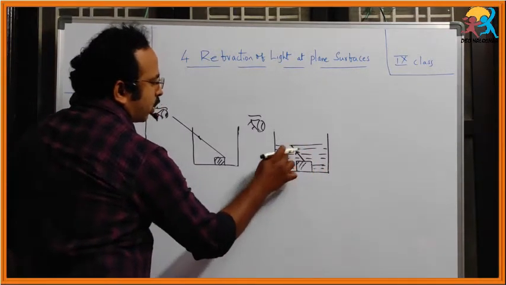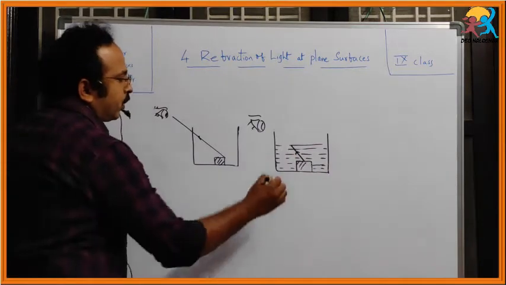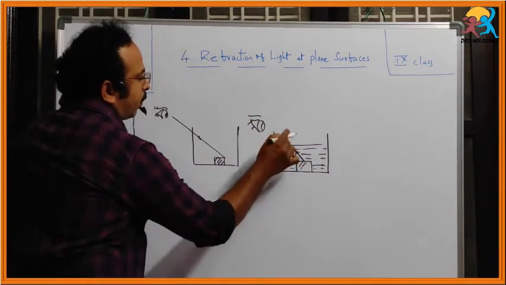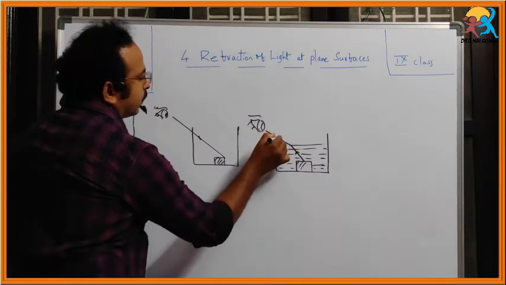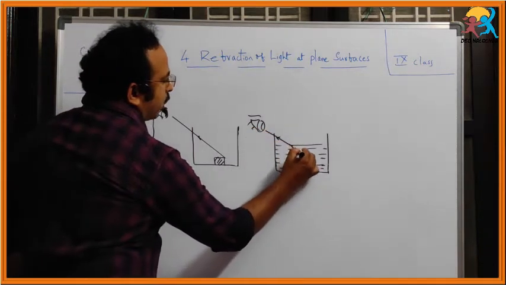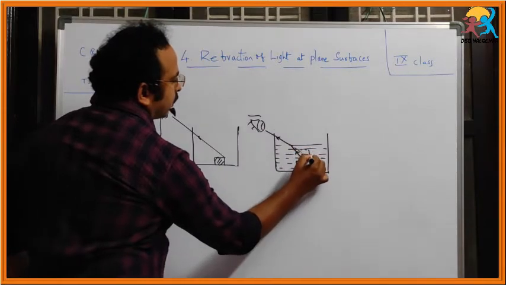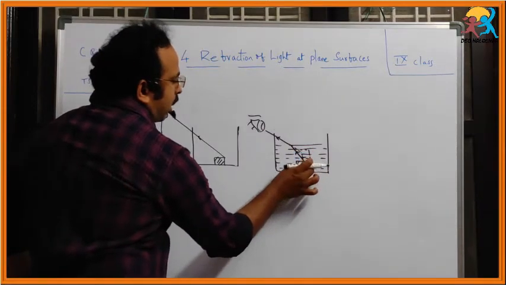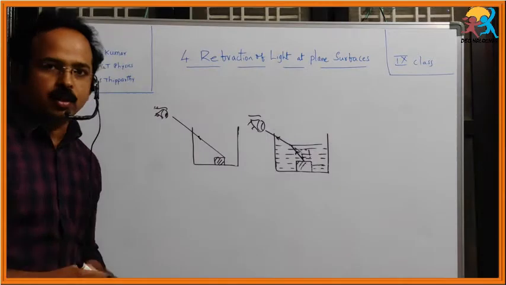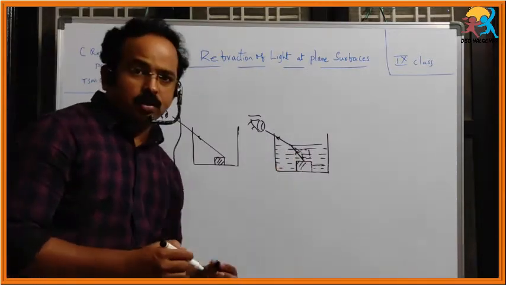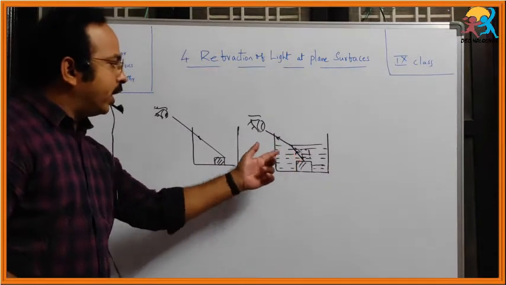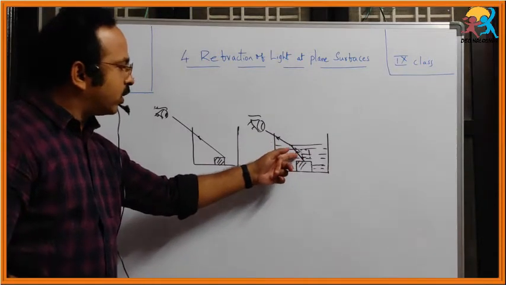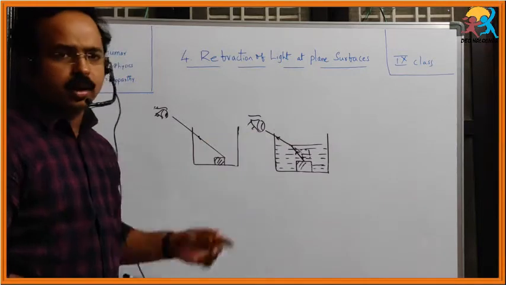It is coming from water to air, so it will not go in a straight line but it bends like this. So this light ray appears to be coming from here, so the coin appears to be raised. The light ray is bending here, not going in a straight line.